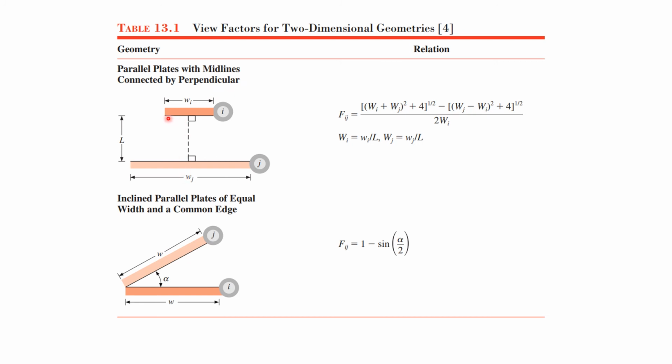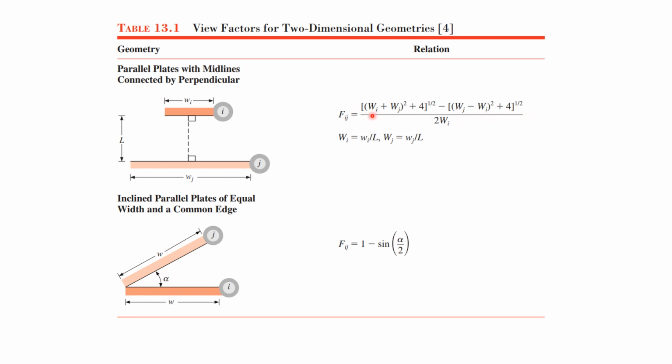That means these two plates are exactly parallel and their centers are aligned. So the center of surface I is aligned with the center of surface J, and they've given us the width of the two surfaces I and J, and we know the distance between the two plates. So in this particular scenario, the view factor of ij will be this particular equation here.